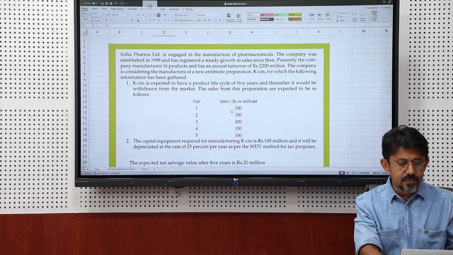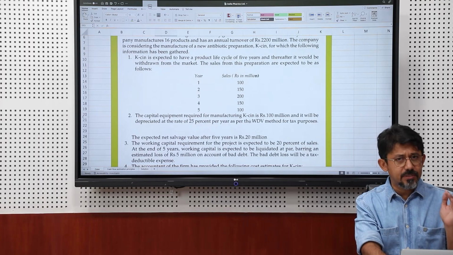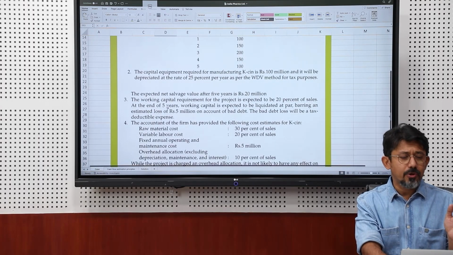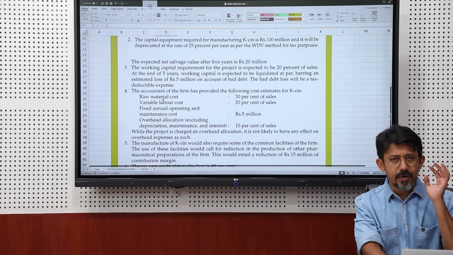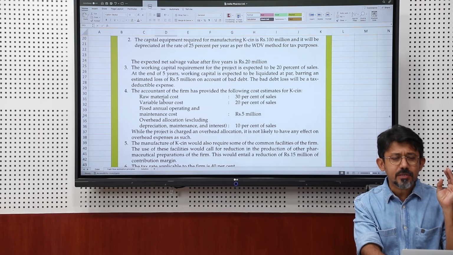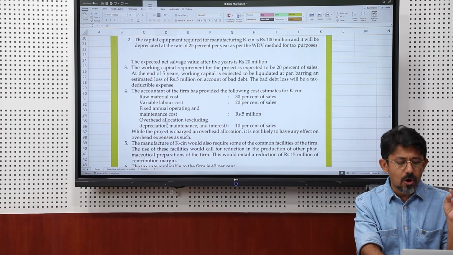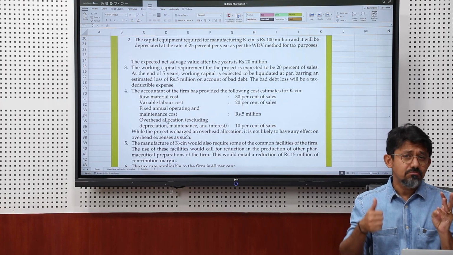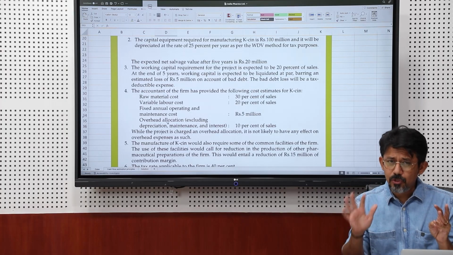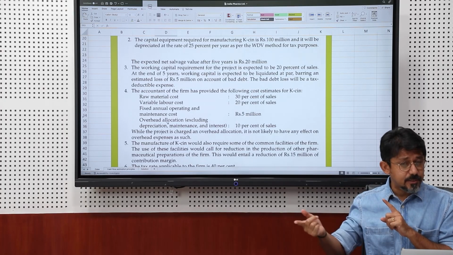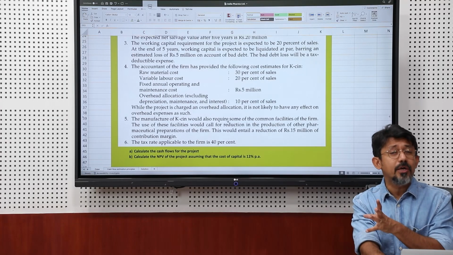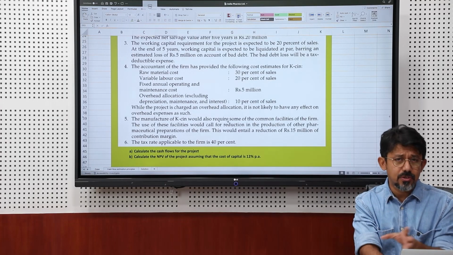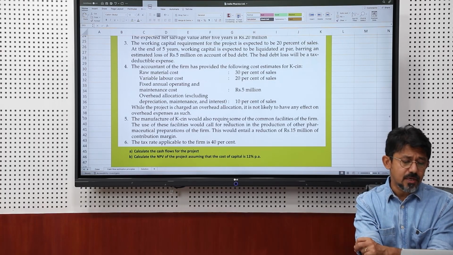I have looked at sales, I have looked at equipment and its depreciation and salvage value. Point 3, I have looked at working capital and bad debt. Point 4, I have looked at raw material, variable labor cost, fixed annual operating cost. Overhead allocation, I told you it will be ignored, gave you the logic for that through the rent example. Point number 5, opportunity cost, that is reduction of contribution of existing products.